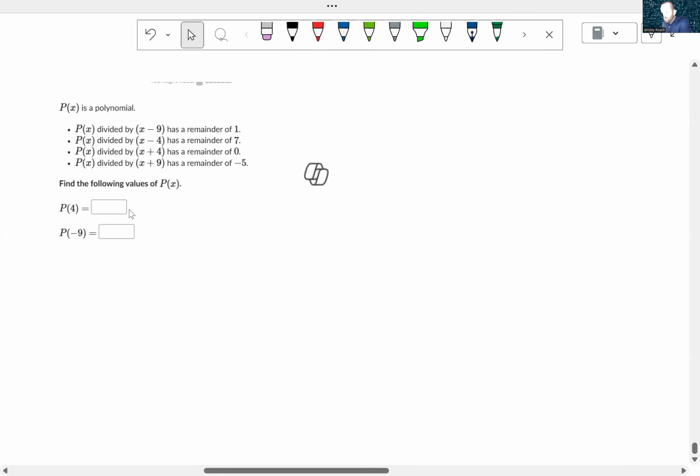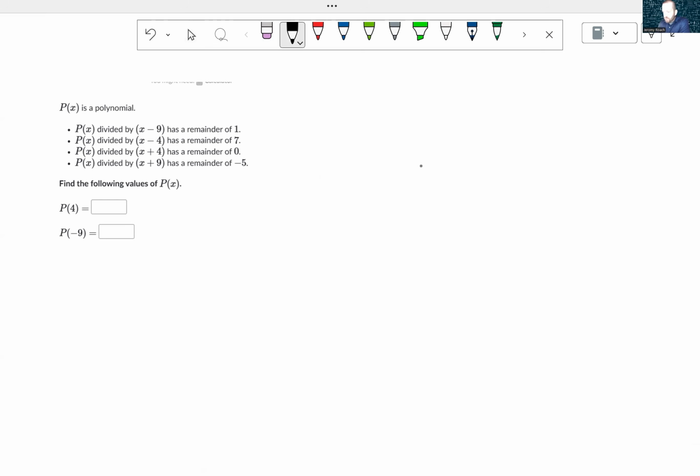So for p of 4, we have to decide, are we going to use x minus 4 or x plus 4? We're given the remainders of all of these when we divide by them, which is kind of nice. Further along in pre-calculus, we have to find out how to determine what we're going to divide by so that we don't have a remainder. But here it just gives us a list of everything.